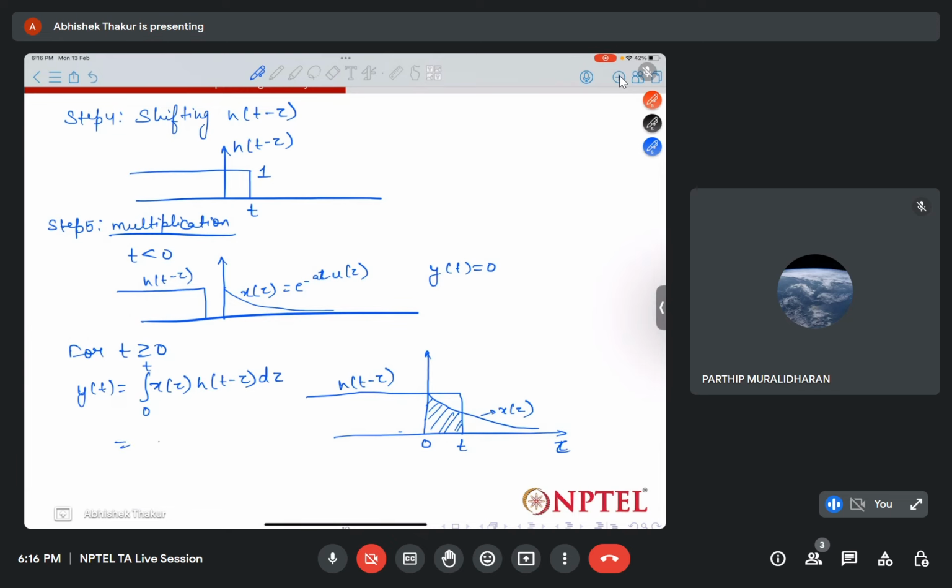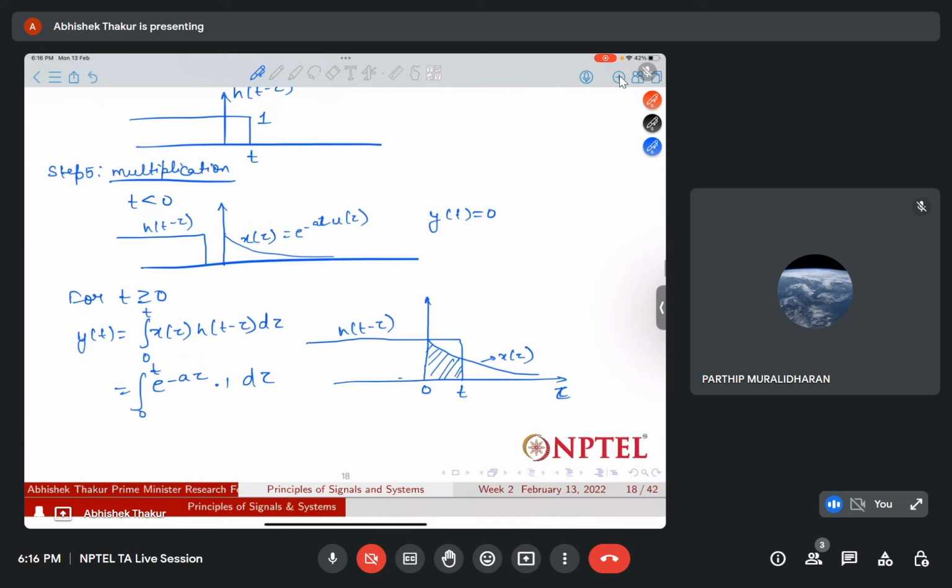Between 0 and t, x tau is e to the power minus a tau and h t minus tau is 1. So the integration will be minus 1 by a e to the power minus a tau, with tau from 0 to t, which gives minus 1 by a e to the power minus at plus 1 by a.